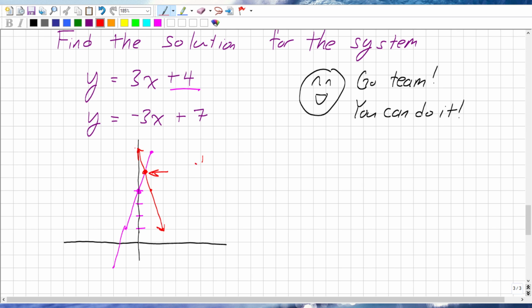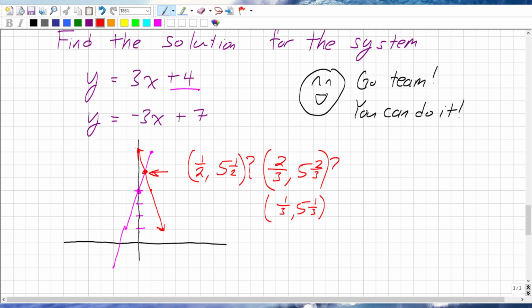Is that at 1/2 comma 5.5? Or is it at 2/3, 5 2/3? Or is it at 1/3, 5 1/3? Could it be at any of those three spots?